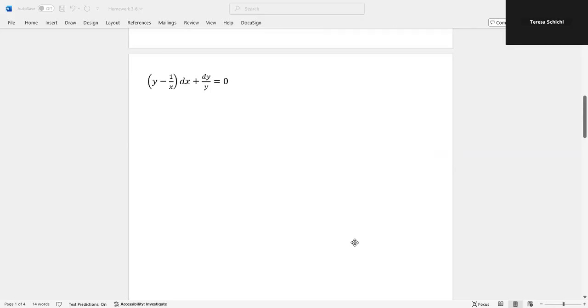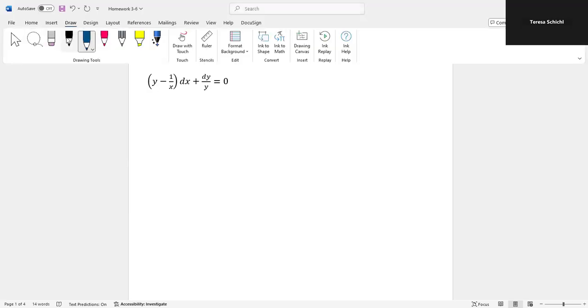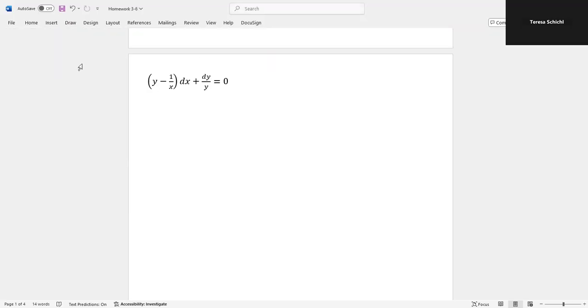The first time I tried this problem, I tried a couple of different methods. The first method I tried was the exact differential equation, and it turns out it's not working.